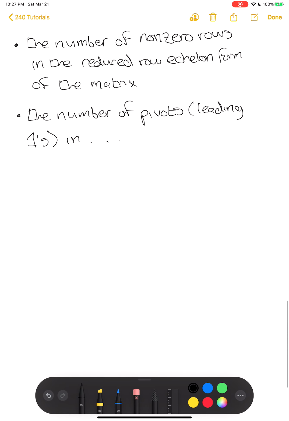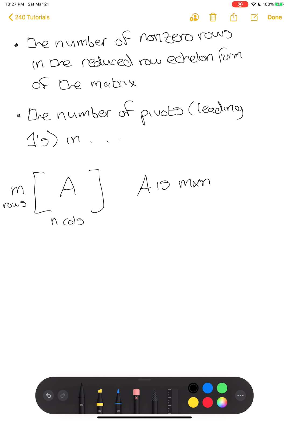But I do want to talk about just the formulation a little bit. So if we have any arbitrary matrix A, we say A is m by n, so that means m rows and n columns.